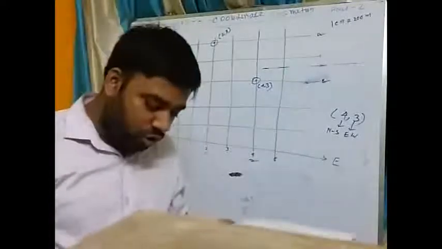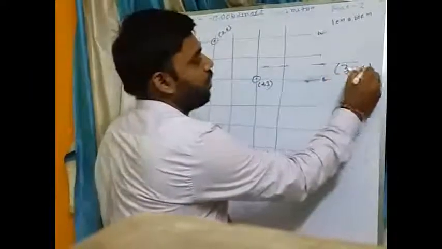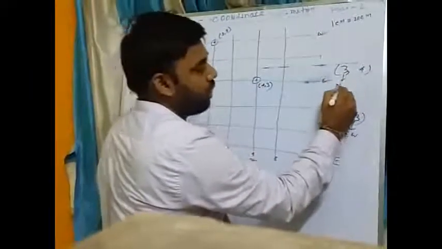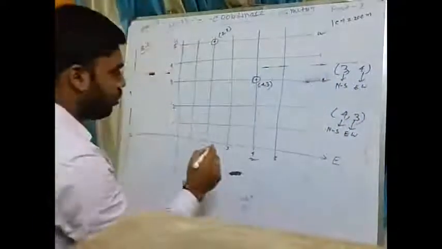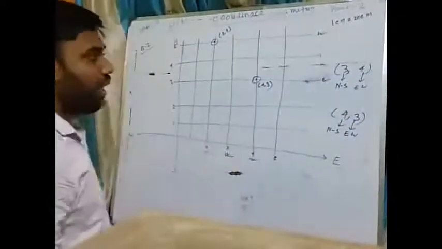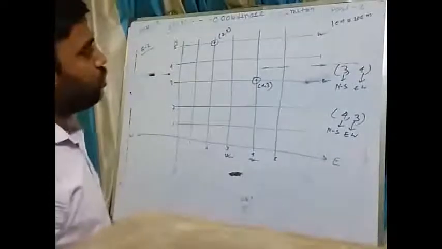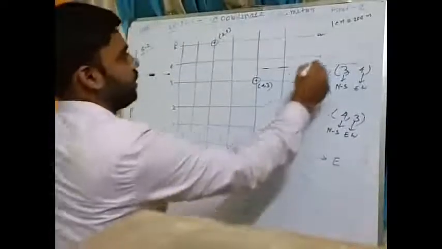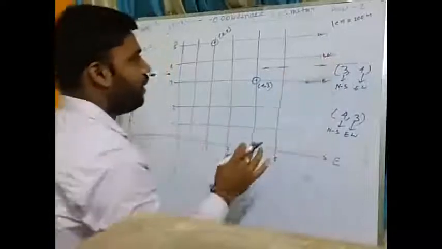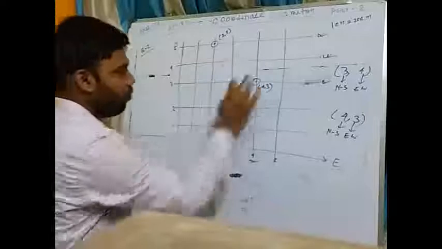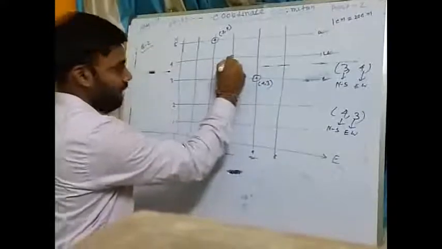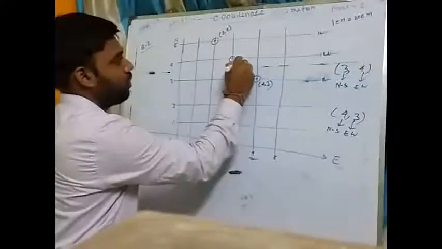Now the next question: how many cross streets can we refer to as 3,4? The 3rd road along north-south and the 4th road along east-west. The meeting point of these two streets is 3,4.